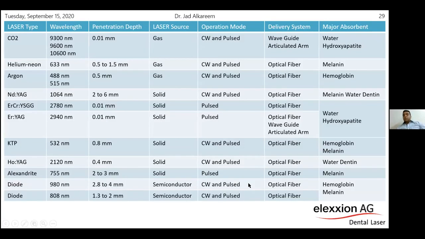It can be used in both continuous wave and a pulsed wave, and the delivery system is an optical fiber, and the major absorbent is the hemoglobin and the melanin. If we go to the diode 808, it has a penetration depth of 1.3 up to 2 millimeter. It is also a semiconductor laser source. It can be used in both continuous wave and a pulsed wave, and the delivery system also is an optical fiber.